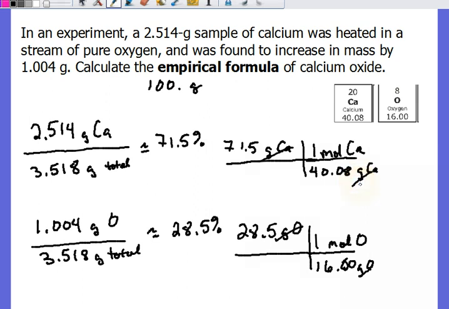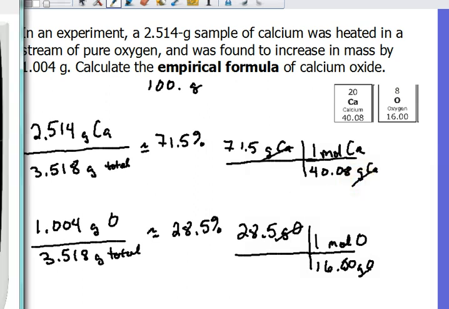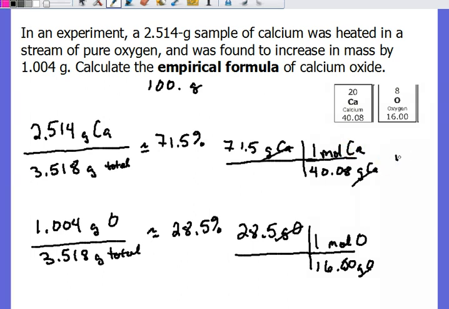Cross out our grams, and you have 71.5 divided by 40.08, approximately 1.78 moles of calcium.